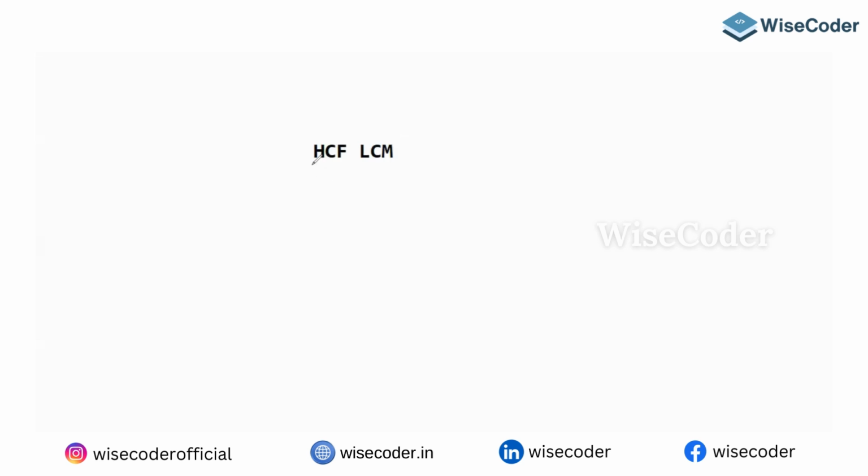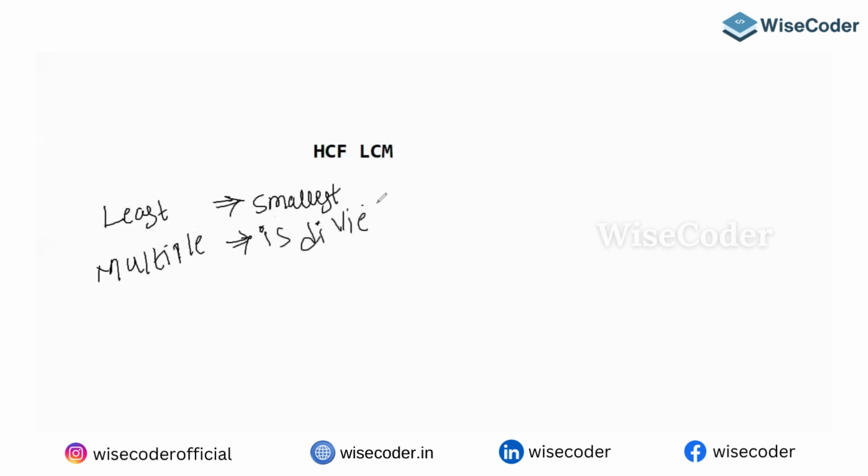That's going to be LCM. Least means the smallest, multiple means divided by, and common means all the numbers.